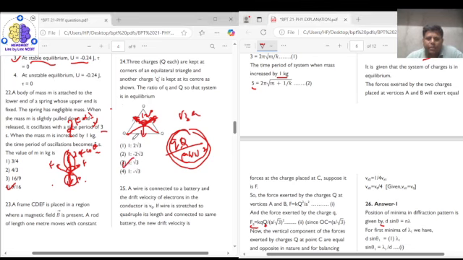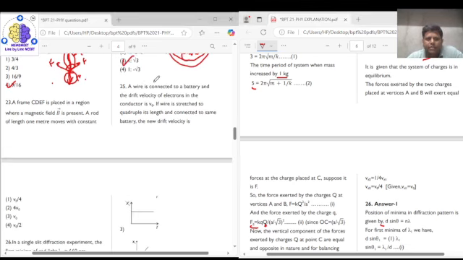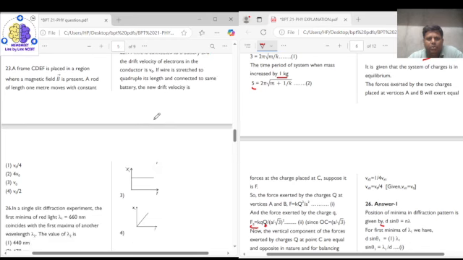Now coming to question number 25. Question number 25 says that a wire is connected to a battery and the drift velocity of the electron in the conductor is v naught. Now, if the wire is stretched to quadruple its length and connected to the same battery, the new drift velocity is? See, I is equal to NEAVd, right?